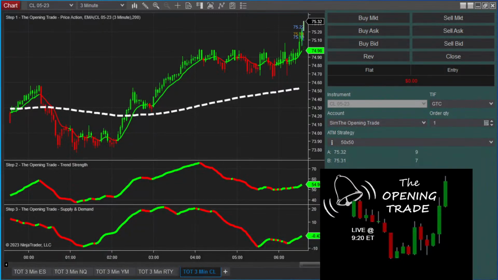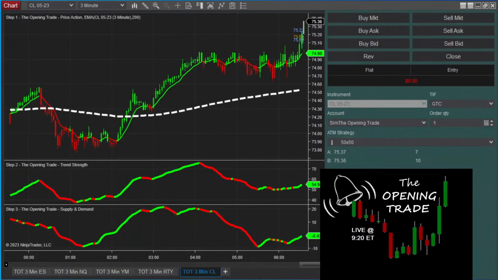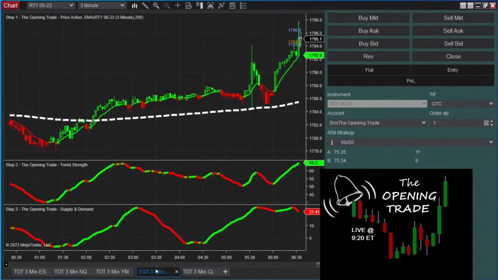Okay, so the first candle has closed since the New York market has opened and crude oil is not showing anything worth taking a manual trade on. The thing we want to do is let the market get as far away from the 200 period EMA as possible. So let's take a look at what's happening in the other markets here.